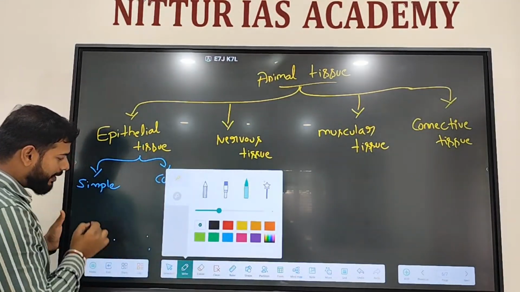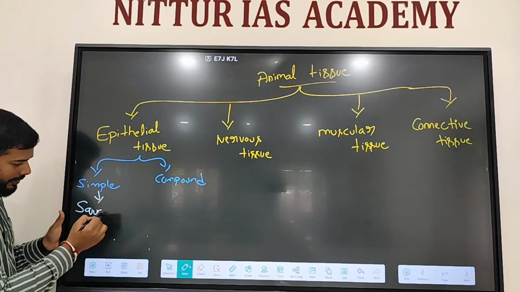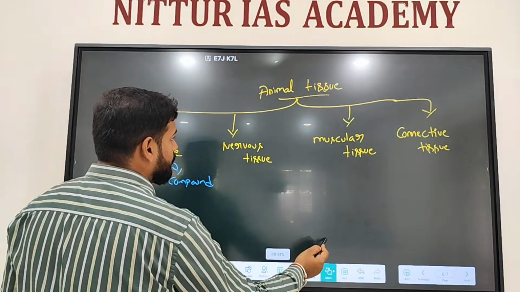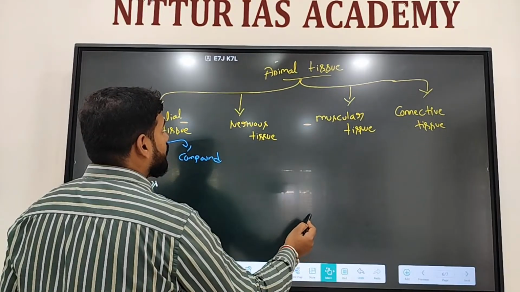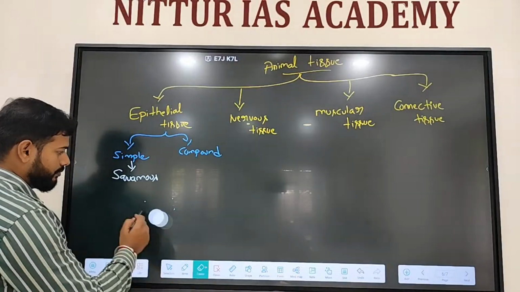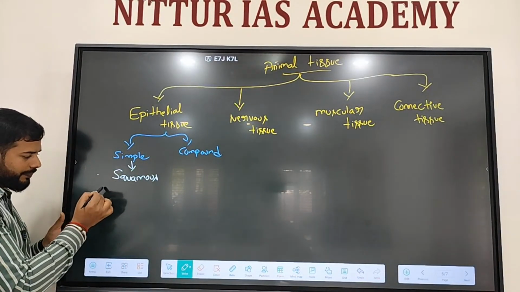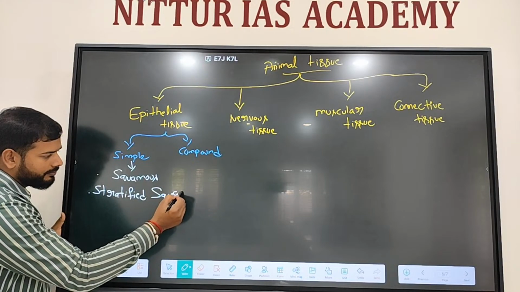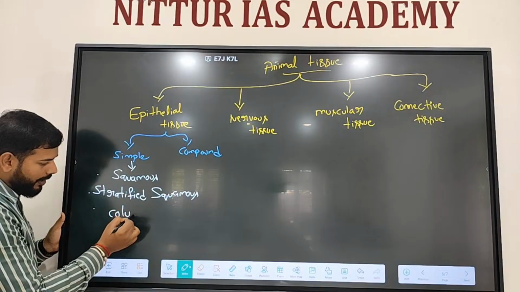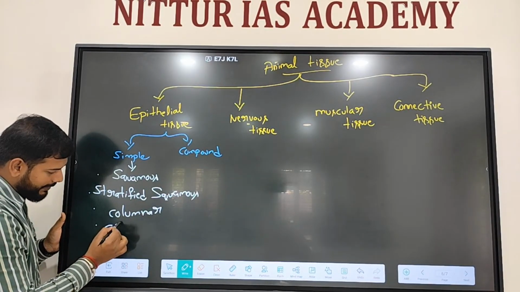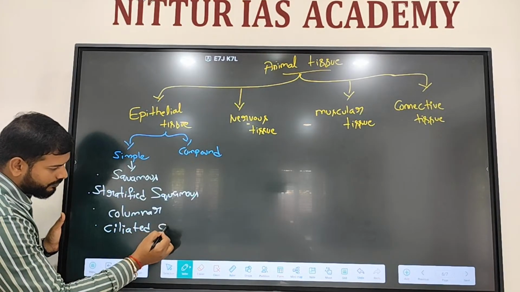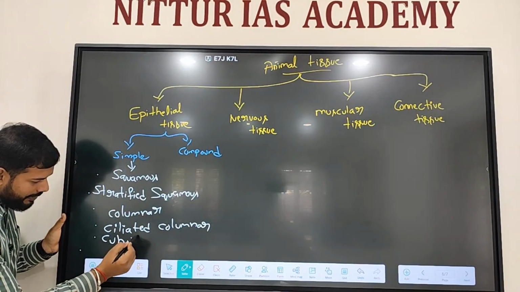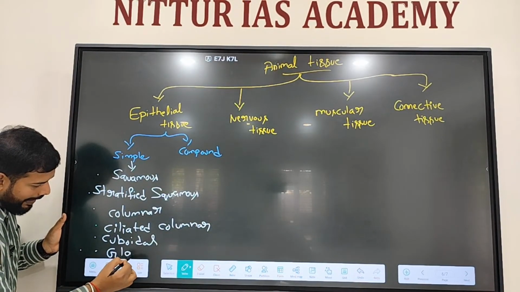Under simple epithelium we have squamous epithelium, stratified squamous epithelium, columnar epithelium, ciliated columnar epithelium, cuboidal epithelium, then glandular epithelium.